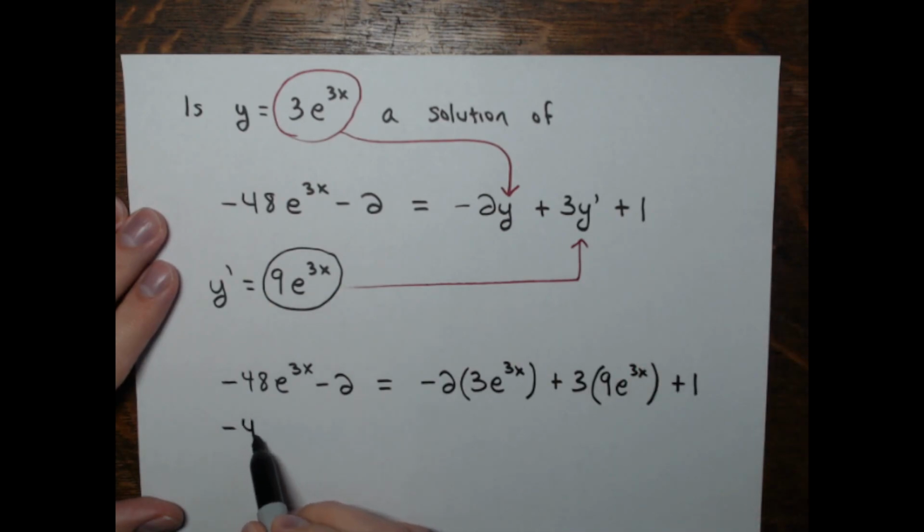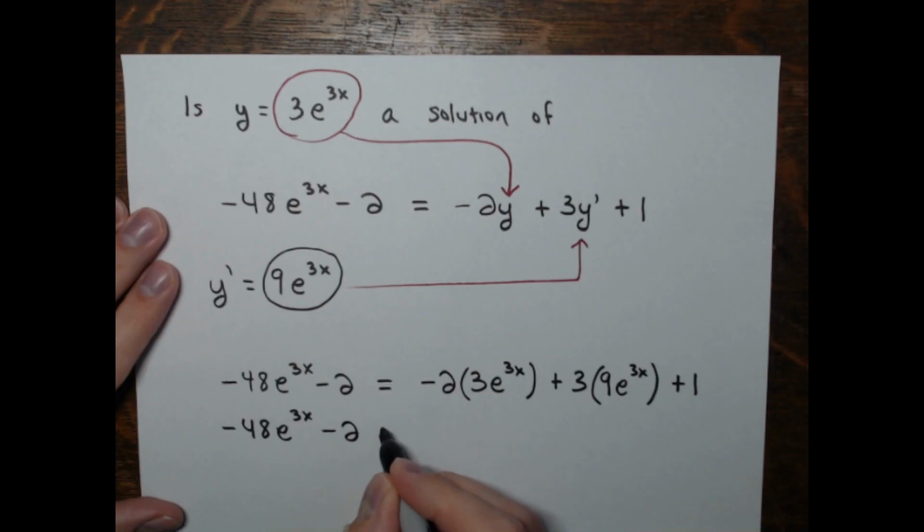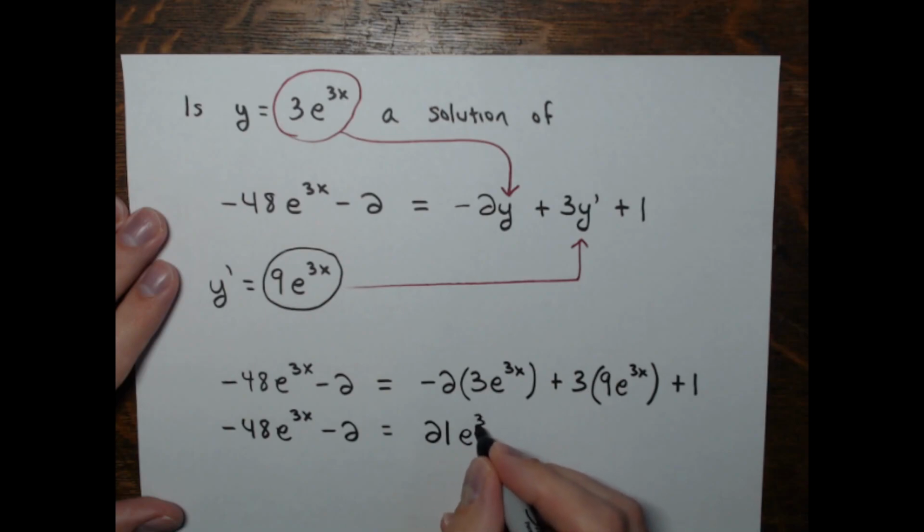Now, after putting stuff together on the right side there, this would be negative 6 e to the 3x plus 27 e to the 3x, right? 27 plus negative 6 would be 21 e to the 3x, and then you got the plus 1 at the end here. So very clearly, the expressions on both sides here are not the same. And no matter what manipulation I do, I can't see how to get these to be the same here.